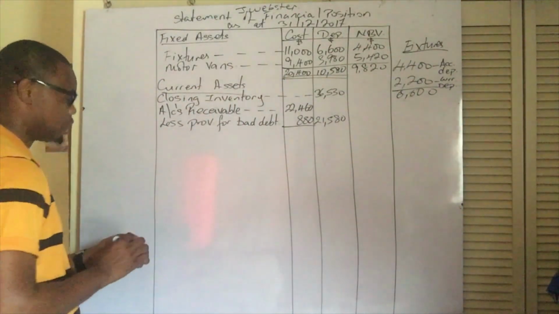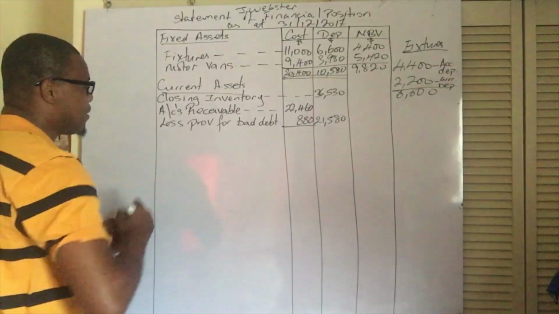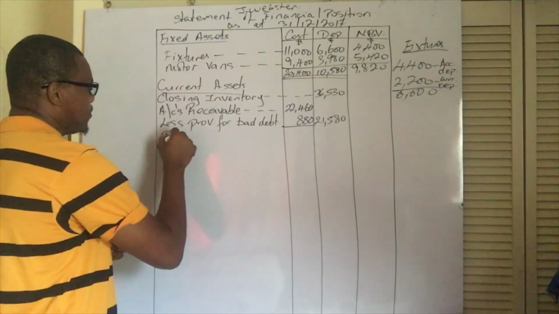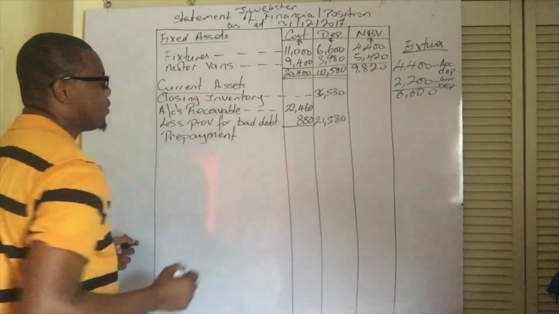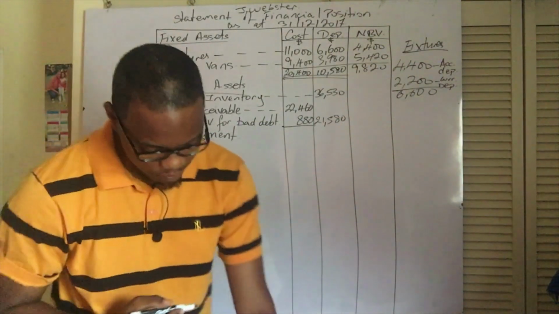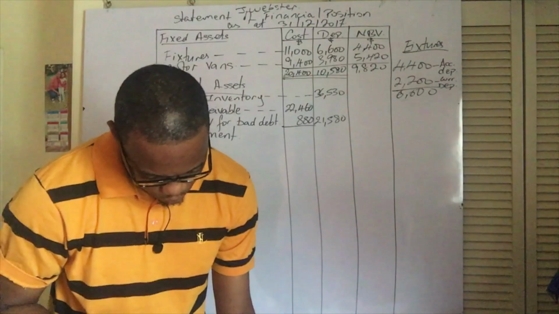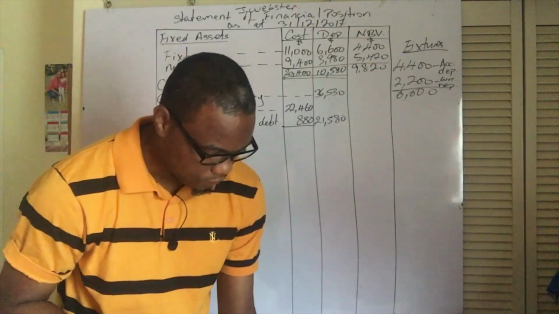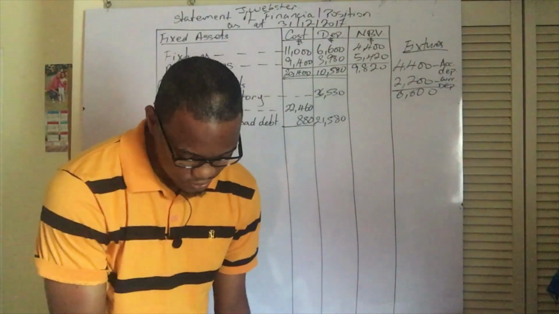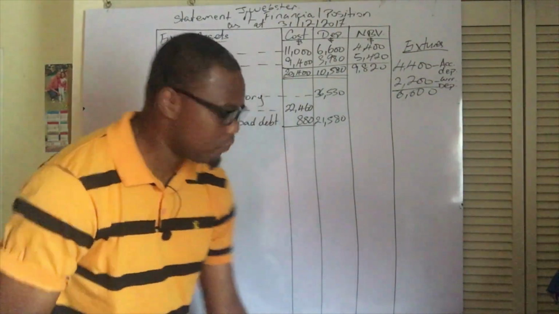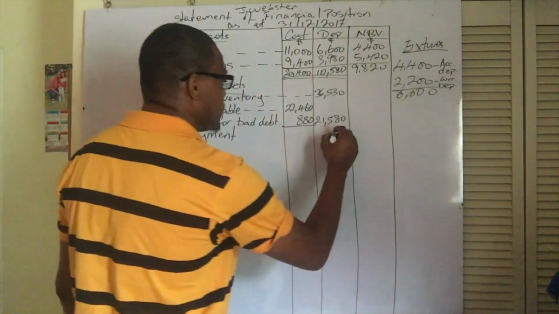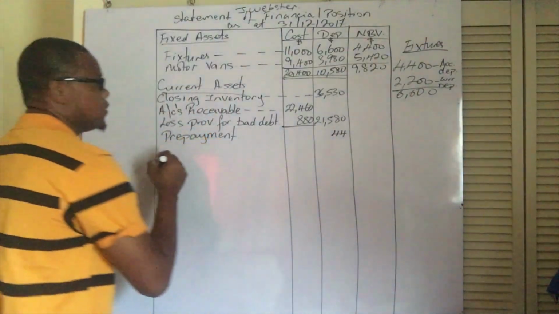But prepayment should be here as well. So the prepayment that you made is going to come here because it's prepaid expense. You made one prepayment, and the prepayment that you made was for what? $44. You made a prepayment on insurance for $44. So you're going to put it here as well.